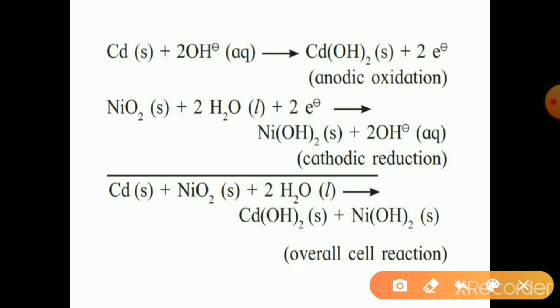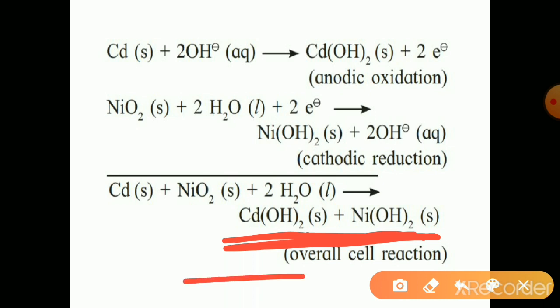In the cell reaction, cadmium hydroxide and nickel hydroxide are the products, and these products stick to the electrode surfaces, and this reaction can be reversed by recharging or by supplying electricity. This cell reaction can be reversed, which is called the recharging of this nickel cell.